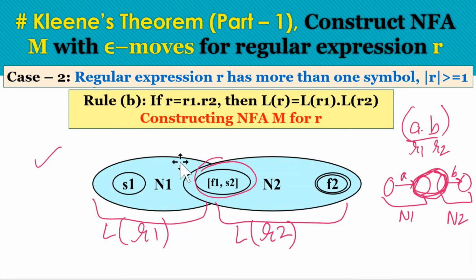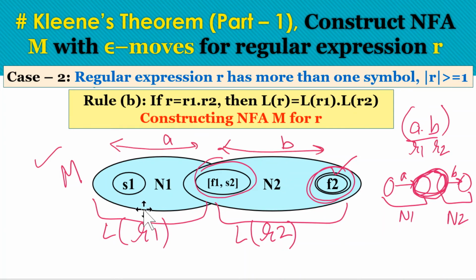The complete machine M has the final state F2 of the second machine as its final state, right? So this is how we accept this. Here A is accepted here and B is accepted here, and the initial state we take from the first machine and the final state from the second machine. So this is our complete machine, an NFA with epsilon closure.